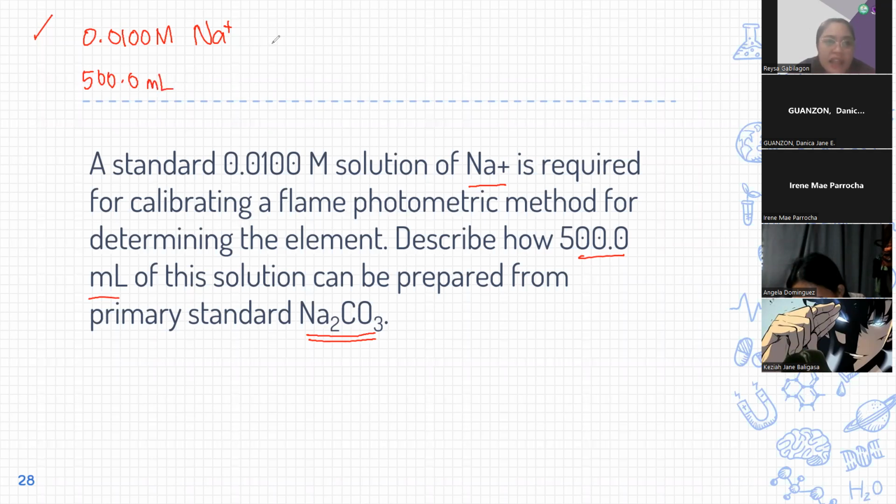But again, we don't have exactly sodium ion in the lab. So what we are going to use is sodium carbonate. And this is what we will do. First step.